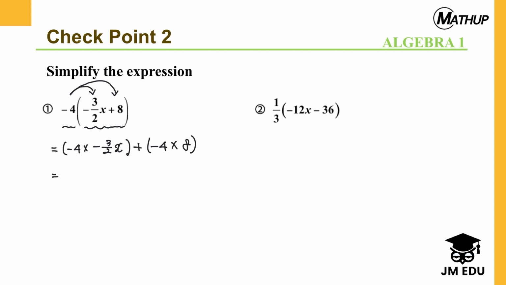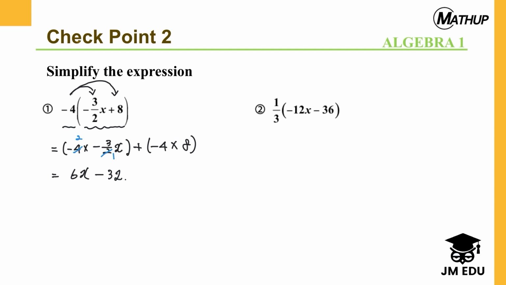So that is equal to, 2 times 1 is 2, 2 times 2 is 4, right? So negative 2 times negative 3x, that's going to be positive 6x. So negative 4 times positive 8, that's a negative 32. Okay, we're done for number 1.